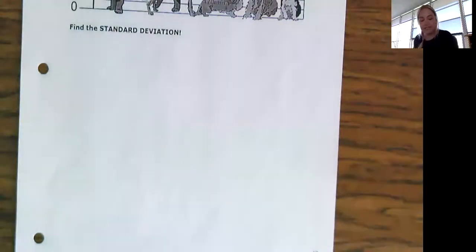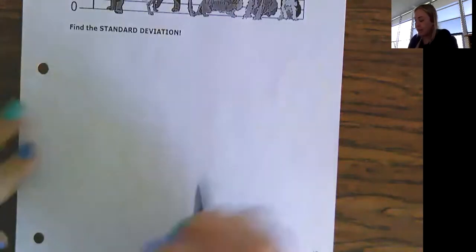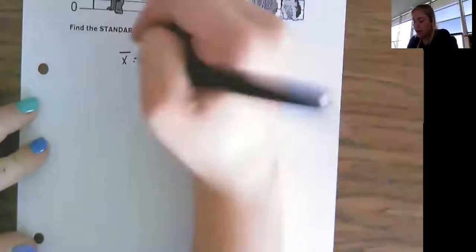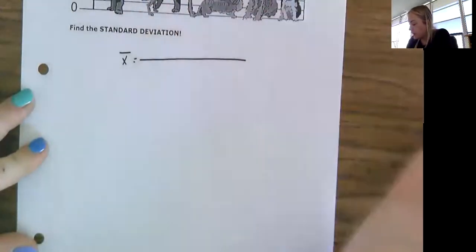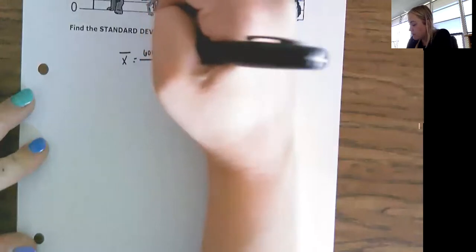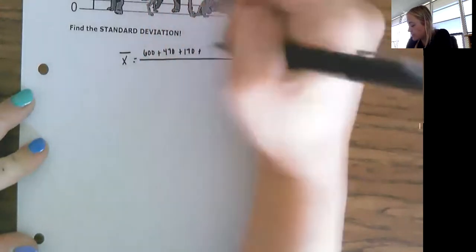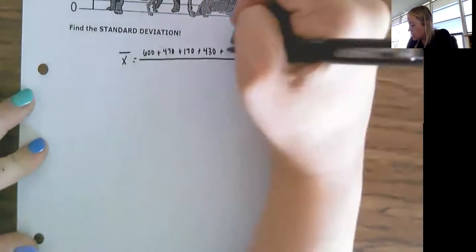So the first thing that I need to do when I am finding standard deviation is to figure out what the average is. So I'm gonna find the average, which we call X bar, and I'm gonna add up all of these dog heights. So I know that we've got 600 plus 470 plus 170 plus 430 plus 300.